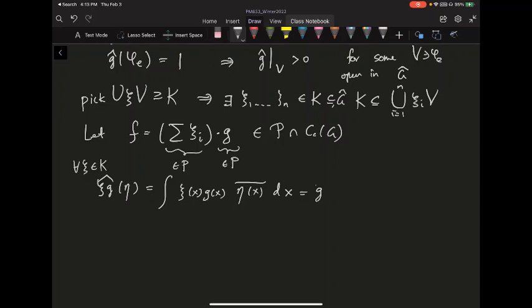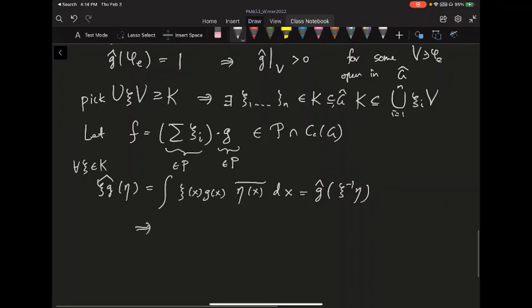All right, but this is essentially just equal to G hat evaluated at psi inverse eta. In other words, if you just translate, you see now your function f is a summation of a bunch of translations of G. Each of these translations is going to be strictly greater than 0 on the translation of V.